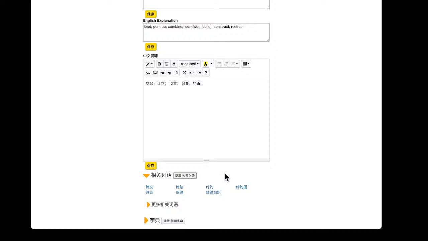This all means that two countries or two organizations agree upon something and they come together to organize and become one force to do something together. Okay, it's called a 缔. So it's similar to using two strings and tying a big tight knot. Okay, so it's called a 缔.